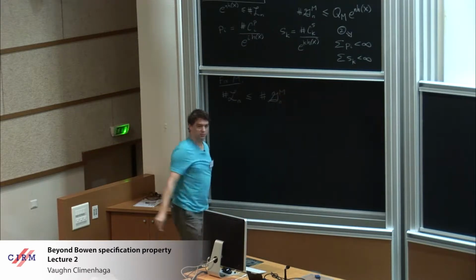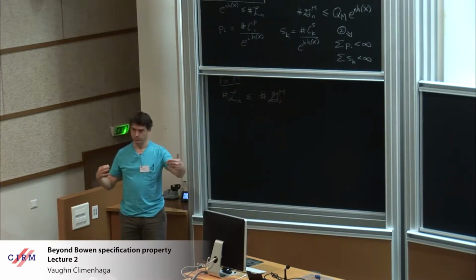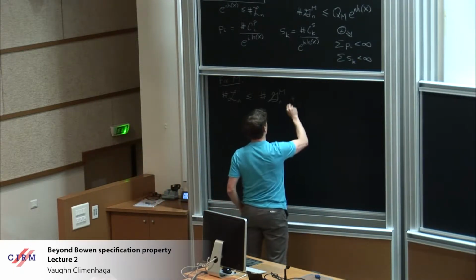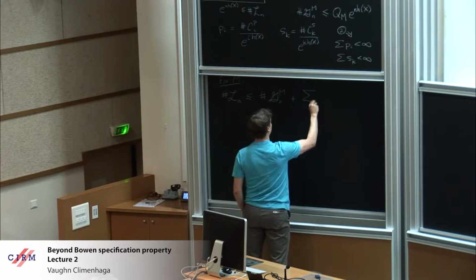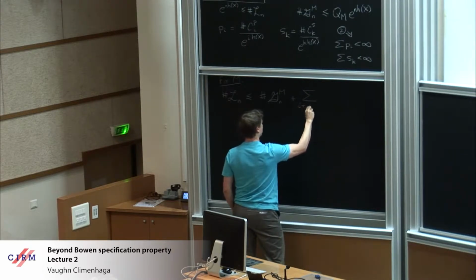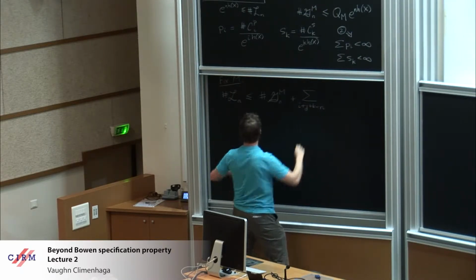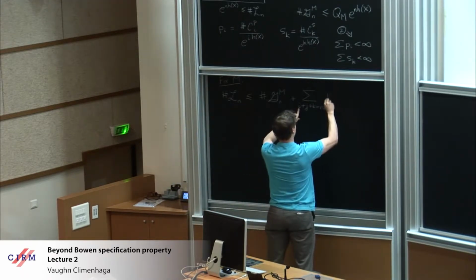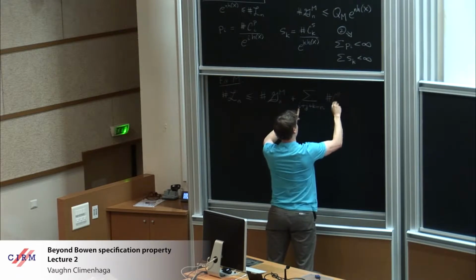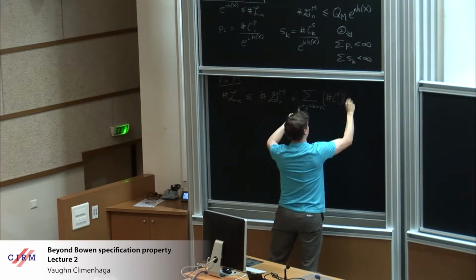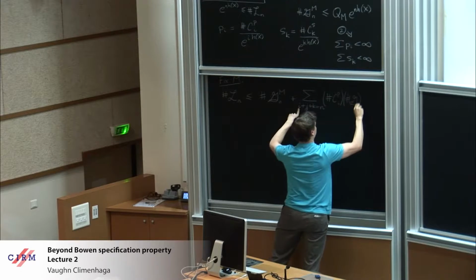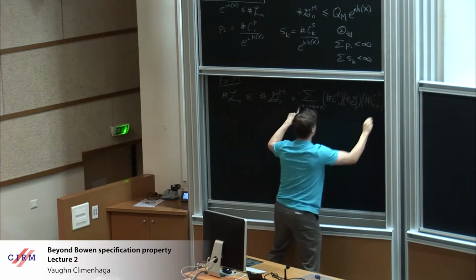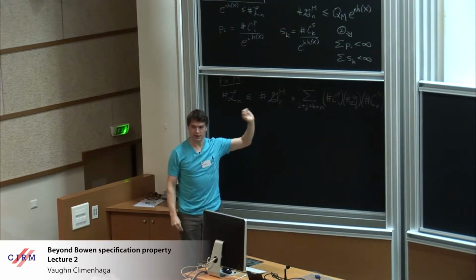Perhaps they are in GM, so perhaps the prefixes and suffixes are both shorter than m in length. Or perhaps they are not. If they are not, then I have a decomposition of my word of length n into a prefix of length i, a good word of length j, and a suffix of length k, where i, j, and k add up to n.